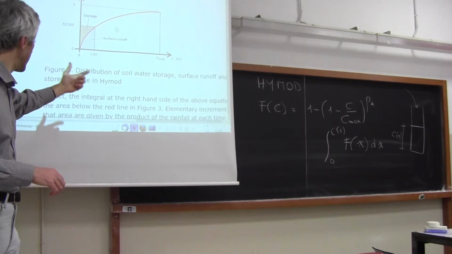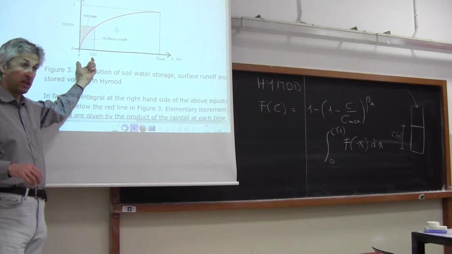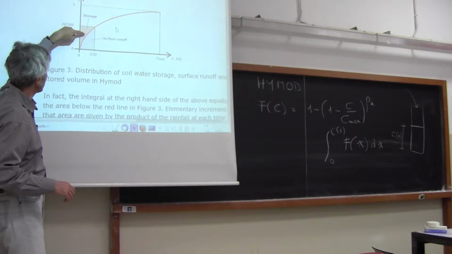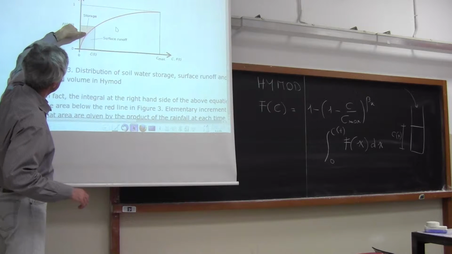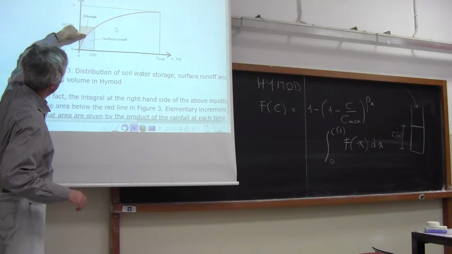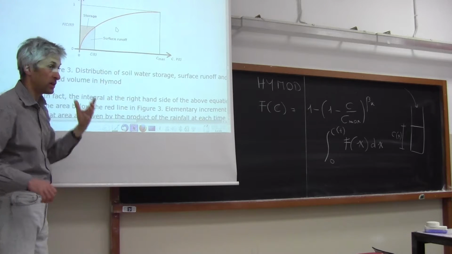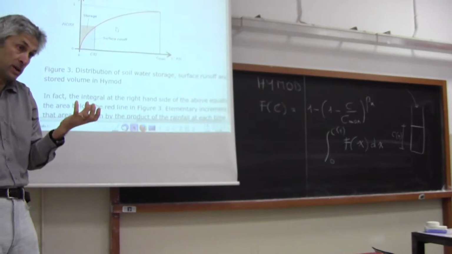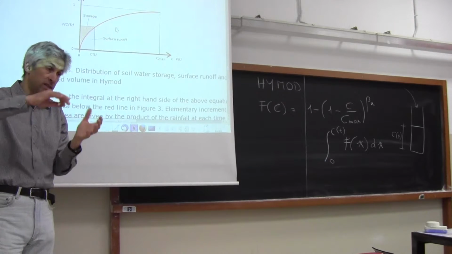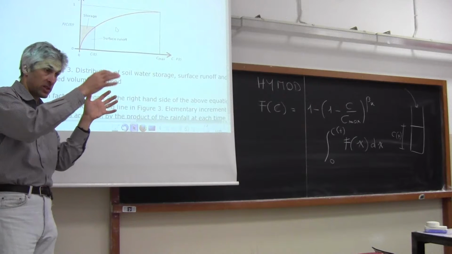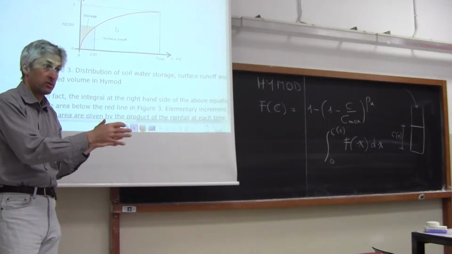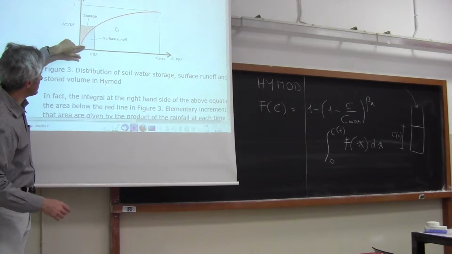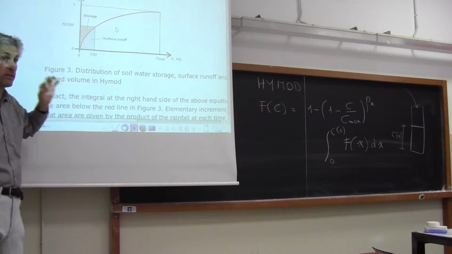So you are multiplying precipitation from the beginning of the event times an average value of the saturated area. If you multiply rainfall times the saturated area, you get the runoff. So this should allow you to understand that this area is indeed representing the runoff.